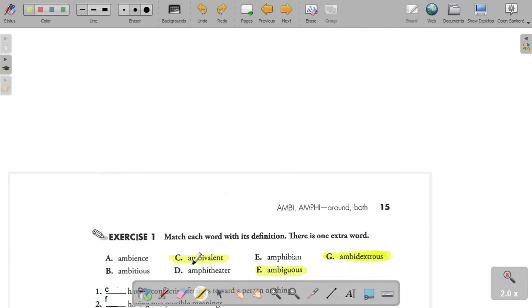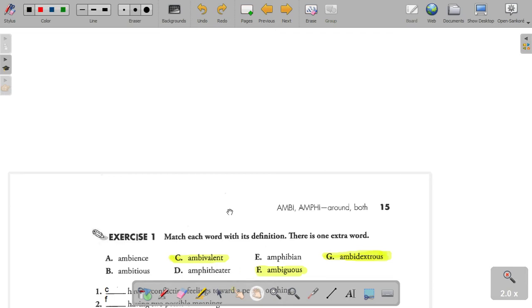Ambi means both, and then val comes from the same root as to turn, like vert. So ambivalent literally means turned both ways. If you feel ambivalent about something, it means you're conflicted. Like, you have a decision to make, and maybe both of them seem like really good options, and so you're feeling ambivalent. You can't decide between things.